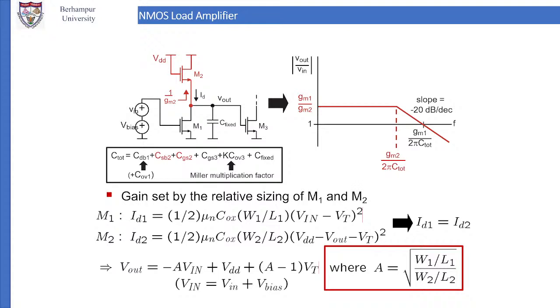Now here if you compare these two, everything is the same. W1 should be equal to W2 if you are using the same NMOS. So W1, W2, or L1, L2, these will be the same.